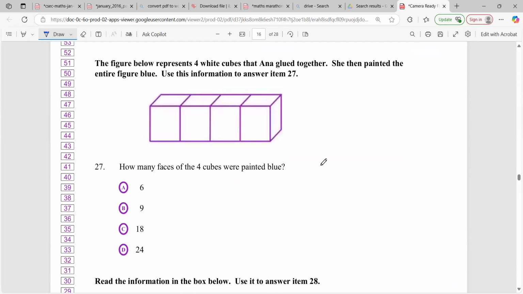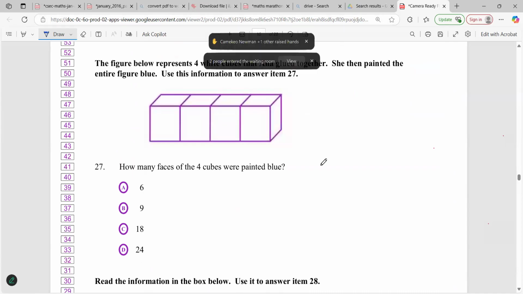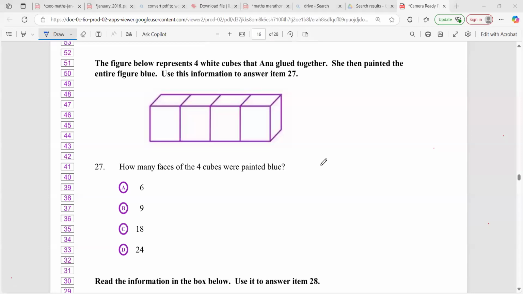This one says, in the figure below, let's look at this one, guys. In the figure below, represents 4 white cubes that Anna glued together. She then painted the entire figure blue. Use the information to answer the item.